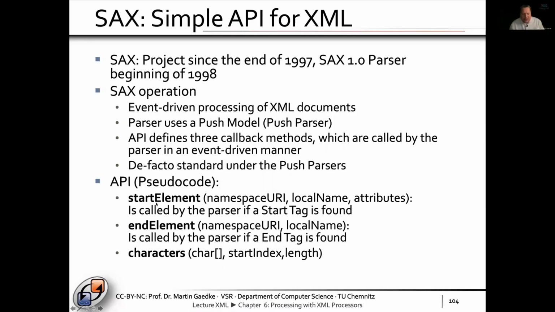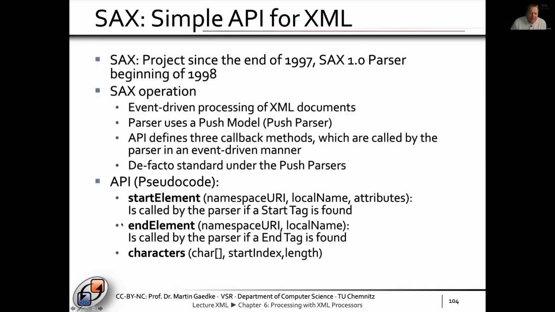The start element is always called, or an event is thrown that starts the start element function, whenever the parser finds a start tag in the XML document. And an end element behaves very similarly.